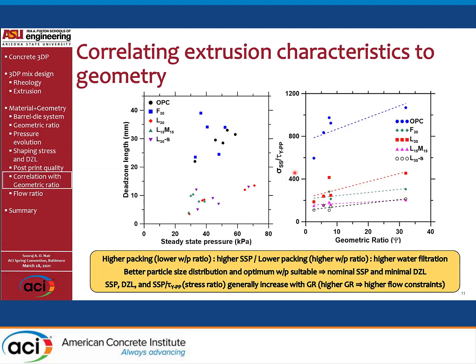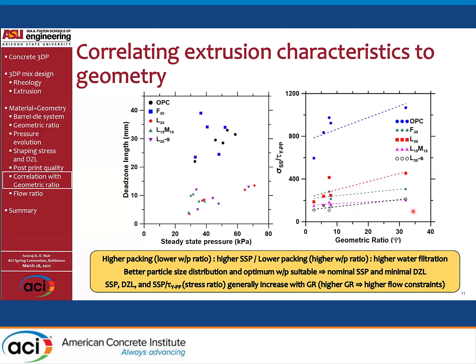The steady state pressure is again a proxy for extensional yield stress that researchers have established. The ratio of the steady state pressure versus the yield strength can also be taken as a measure to see if a mix is good in printability or not. If we do that with respect to the geometric ratio, again, the superplasticized mixes, which is the L30S, or the ternary blend, tend to show a very constant or invariable relationship with respect to geometric ratio.